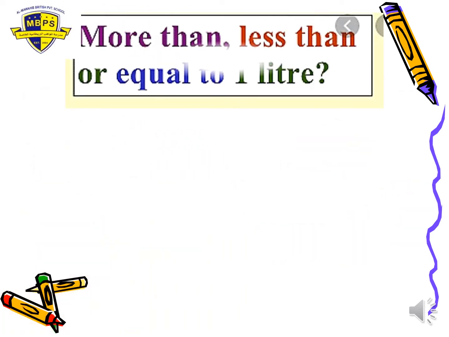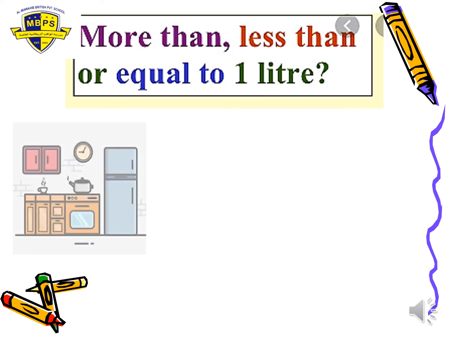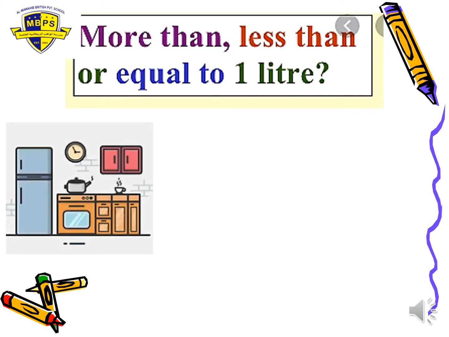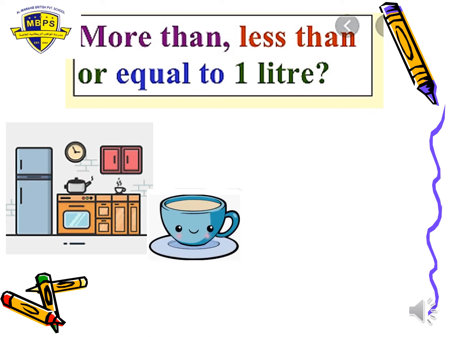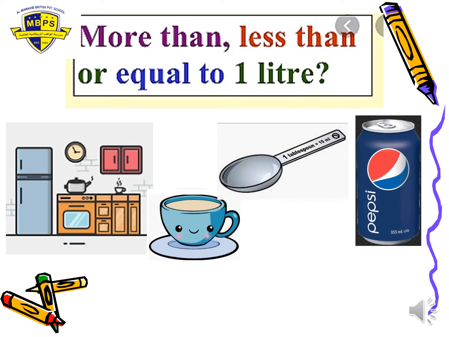Now, let's find if the container can hold more than, less than, or equal to 1 liter. You can go to the kitchen and discover some containers there, like the cup, the spoon, and the Pepsi can.